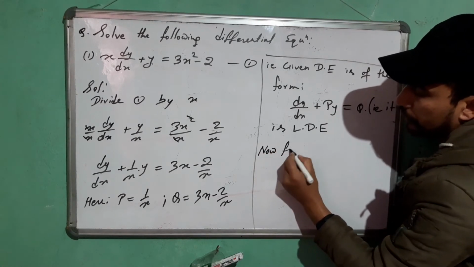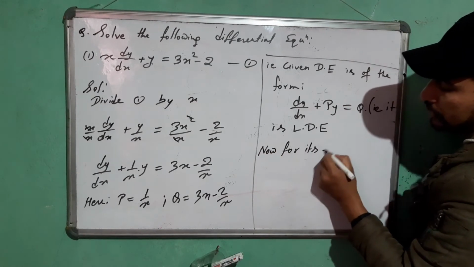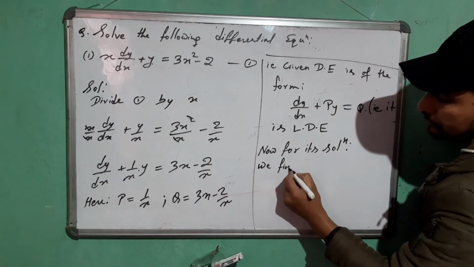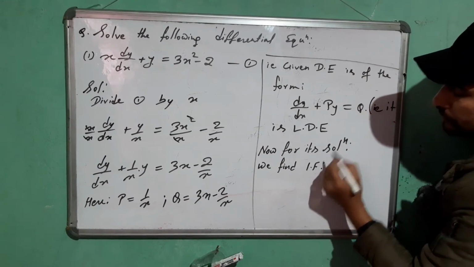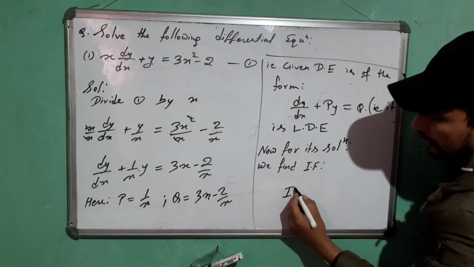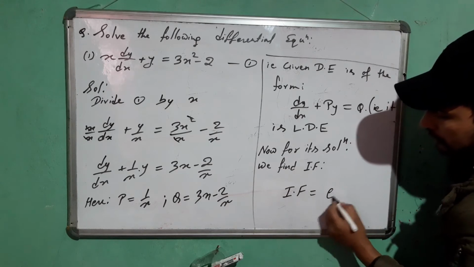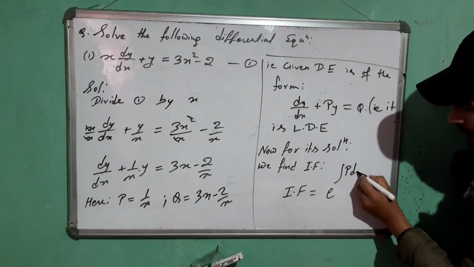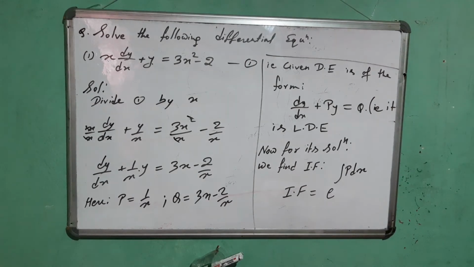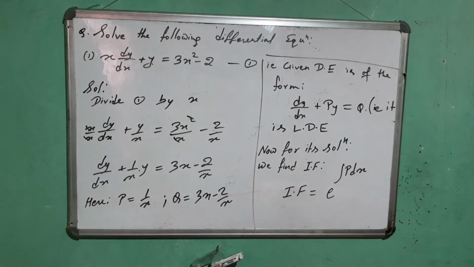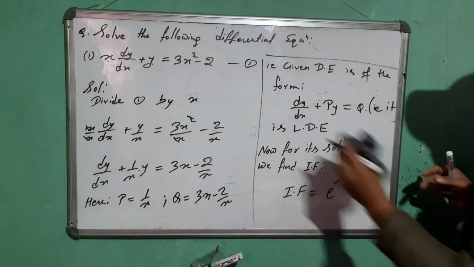So for its solution, we find IF, integrating factor. IF is equal to e to the power integration p dx. This was the formula for integrating factor, e to the power integration p dx. Okay, so I'll erase this part.